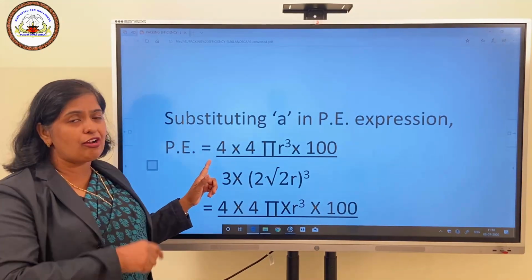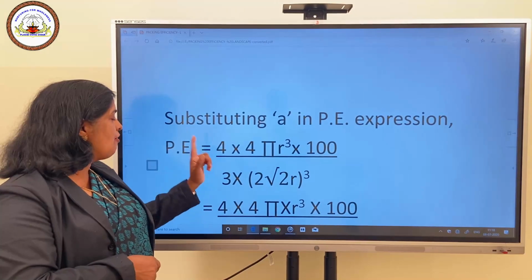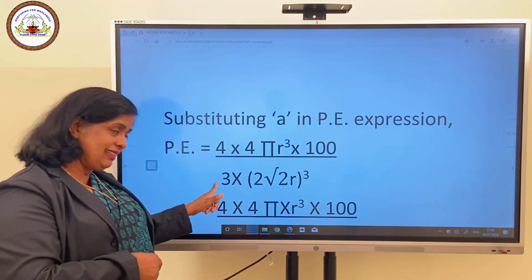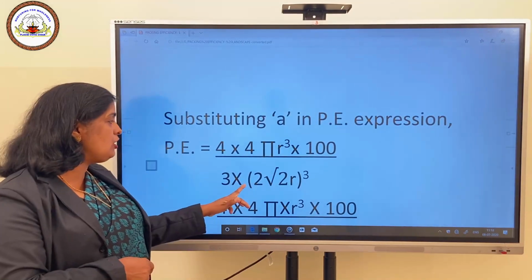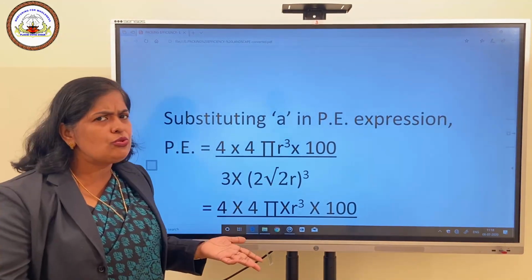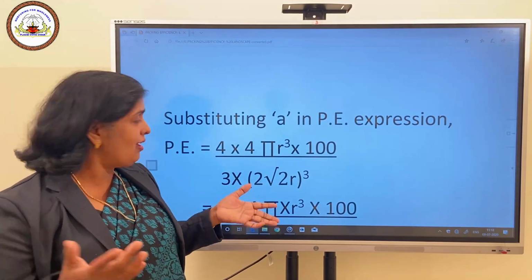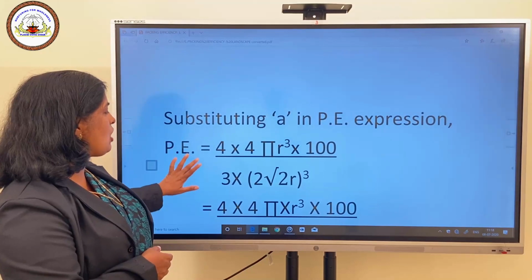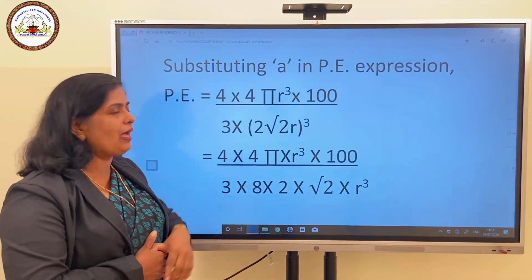Packing efficiency for CCP or FCC structure is 4 into 4 by 3 pi r cube into 100 divided by 2 root 2 r, the whole cube. What is 2 root 2 r? It is a. So we are getting a chance to cancel this r cube and r cube.